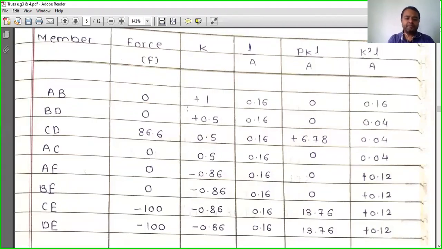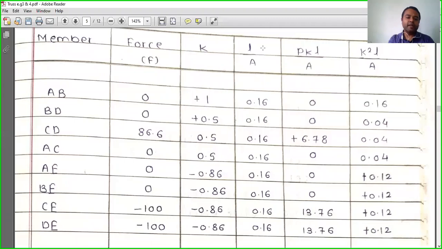While writing P forces and K forces, I have written minus here. What does it mean? Minus stands for compression force. Here I have written nothing, that means it is positive. Positive means tensile force. Likewise, positive means tensile force, negative means compression.